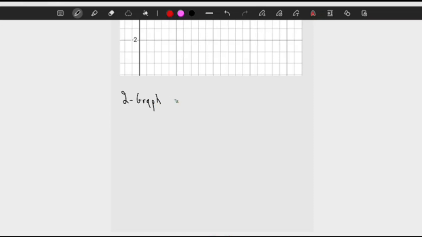Let's do y equals negative 0.5 sine of 4x plus pi, plus 2. Let's try to graph something that looks like that.